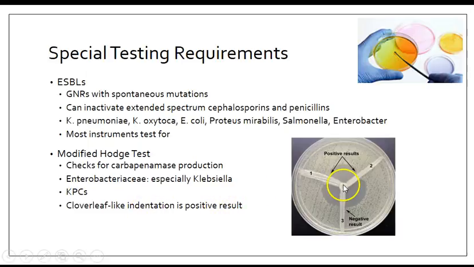So I just want you to see, you don't need to know how this is set up, but you need to know that this is the name of it. It checks for this in this type of organism, and if it's positive, it gives a clover leaf like indentation, and this is a positive result, meaning that the carbapenems are resistant for that organism. And that's it.